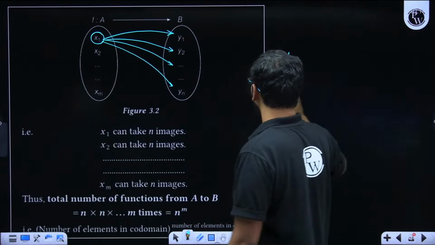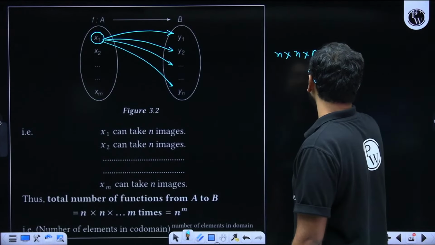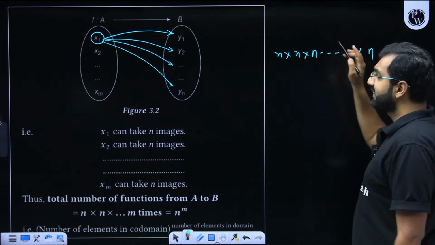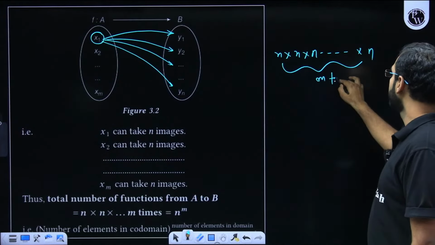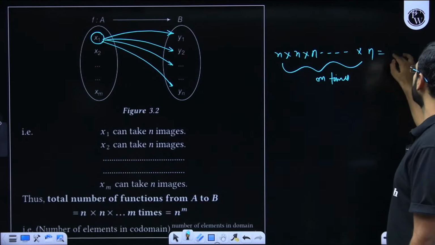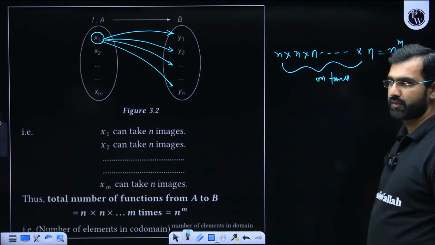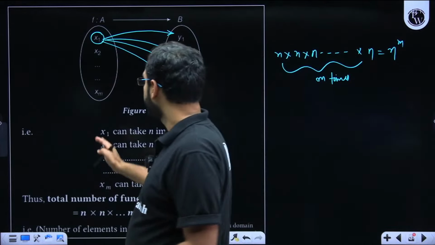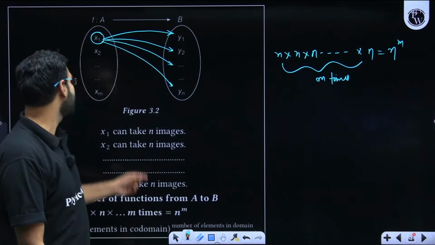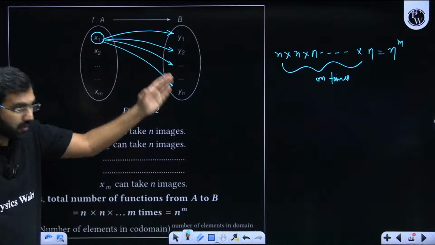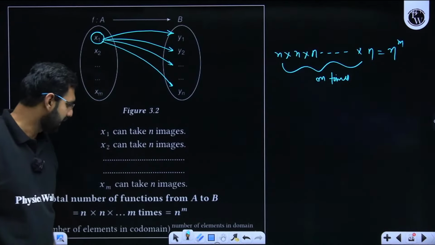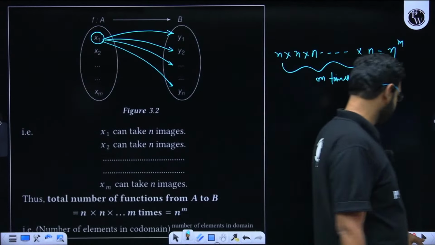Similarly, x2 also has n choices, x3 has n choices, and so on, and xm also has n choices. So this n is getting multiplied m times, which means it will be n to the power m. So the number of functions from set A to set B, where set A has m observations and set B has n observations, will be n to the power m. Basic, easy, simple.